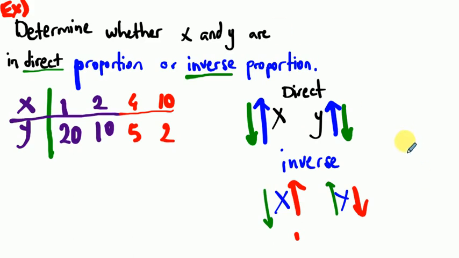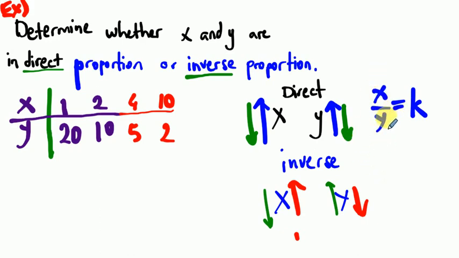Then I'm going to tell you the connection between x and y. If they are in direct proportion, x over y, or y over x, no problem, whatever you write, will be a constant number. I'll just call it k.